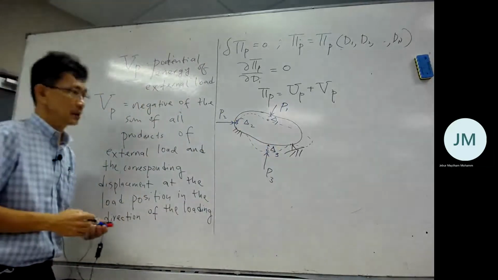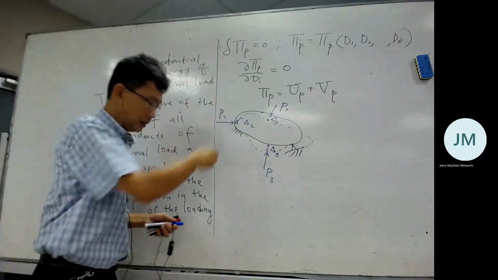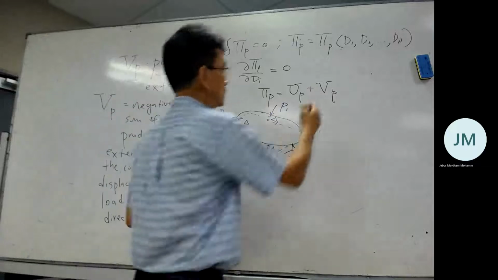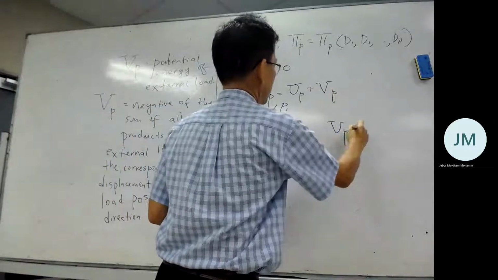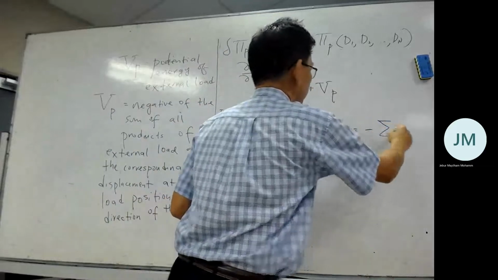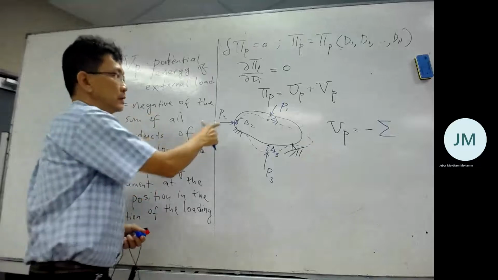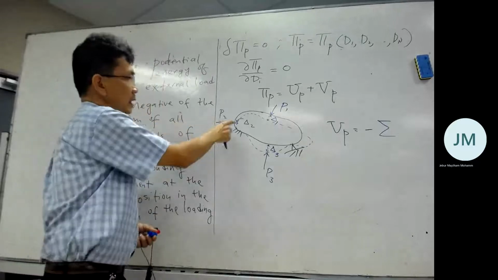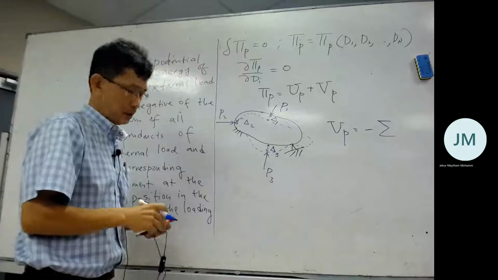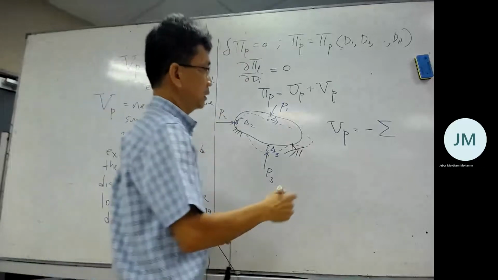So in this case, according to these definitions, the VP that we need to consider here will be negative of the sum of the products of the external load and the corresponding displacement at the location where the load is acting in the direction of the loading.